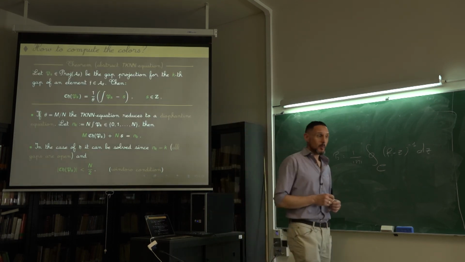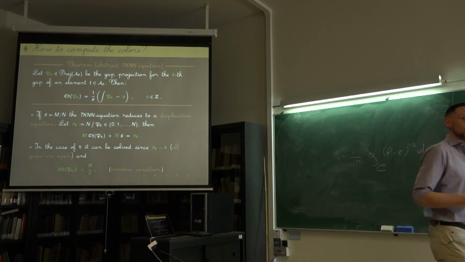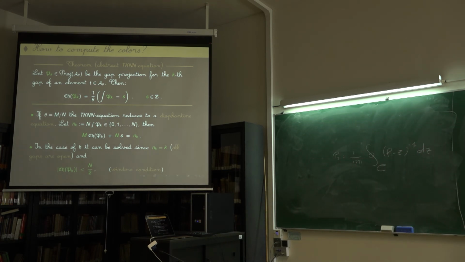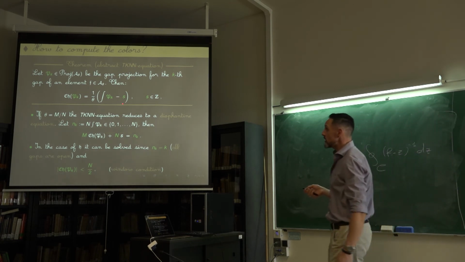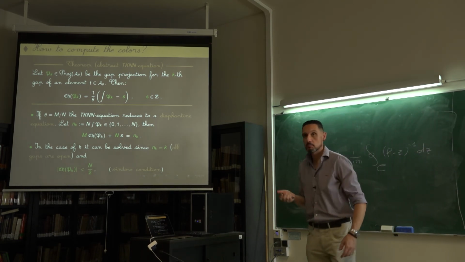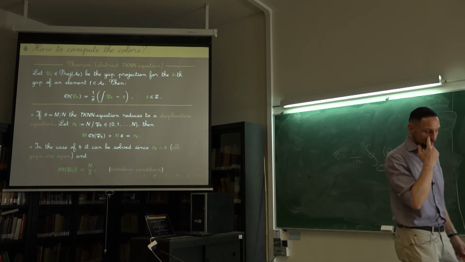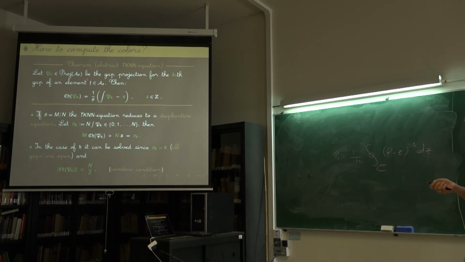you know, the problem is how to compute these Chern classes. If I want to label these phases, how can I do it? This theorem was part of my PhD thesis. I call this theorem the abstract TKNN equation.